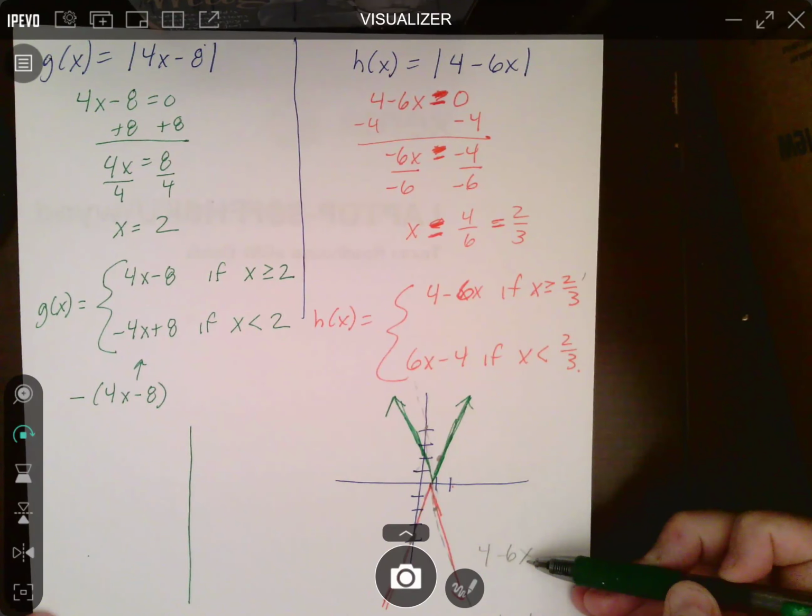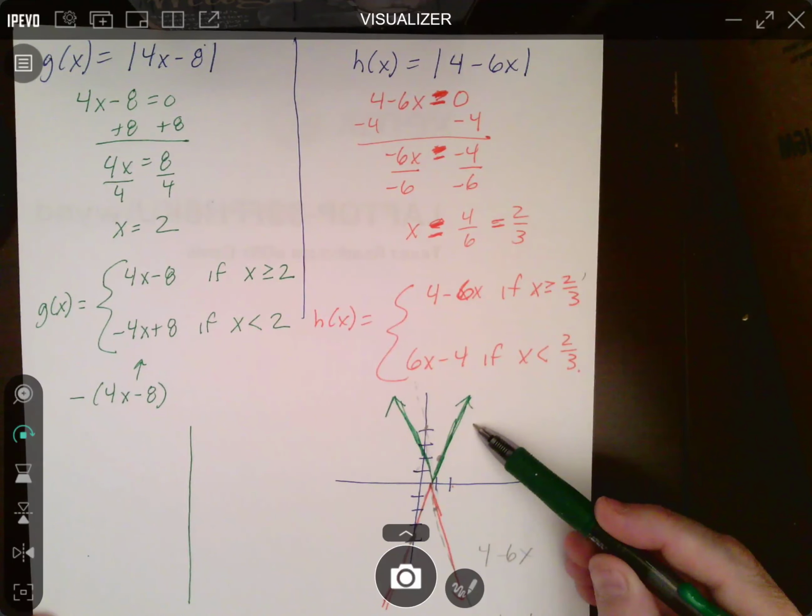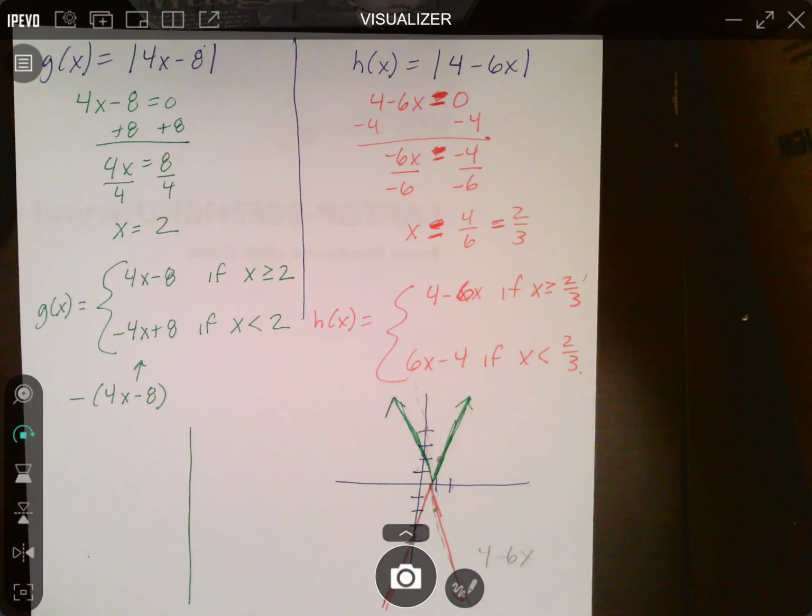So when x equals 2, it's not on the 4 minus 6x part. I was right. Son of a gun, I was right.